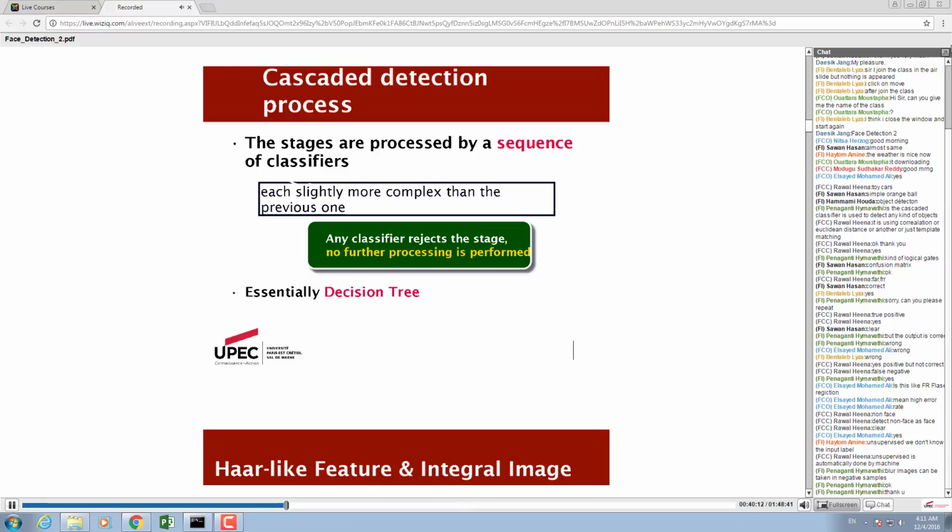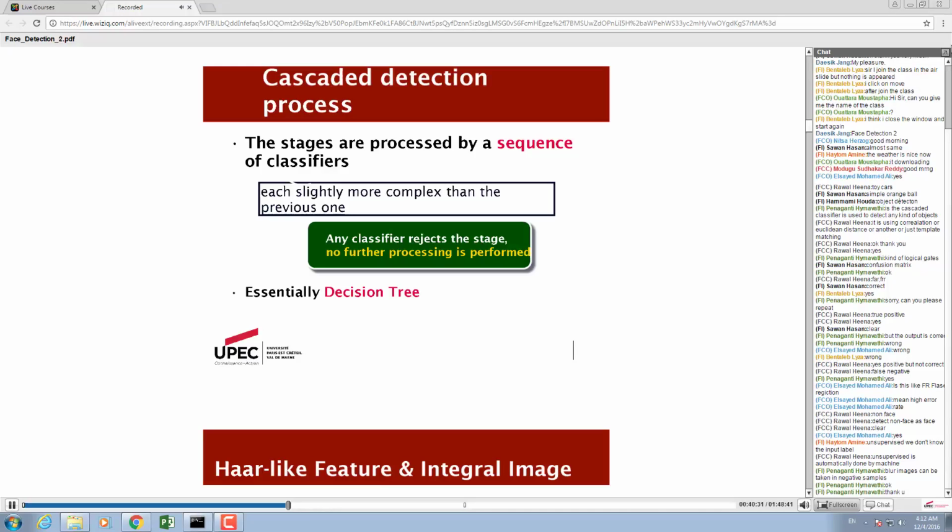So instead of making one big classifier, this cascade approach divides the big classifier into smaller classifiers, and then processes them one by one as a sequence.